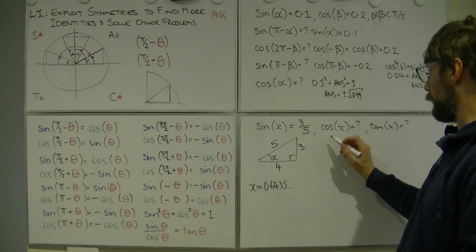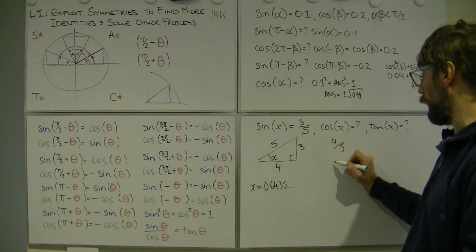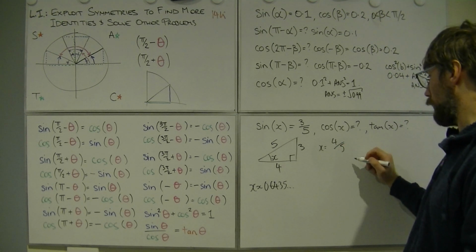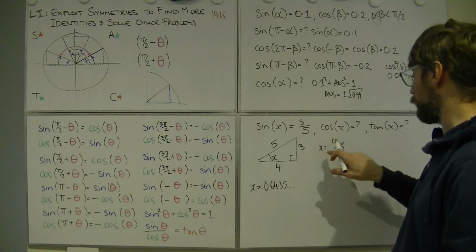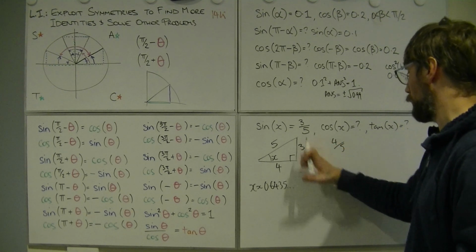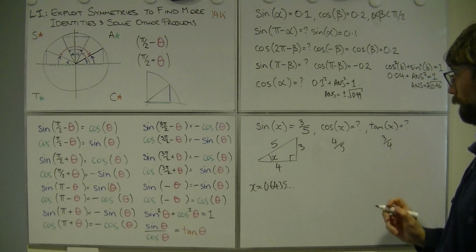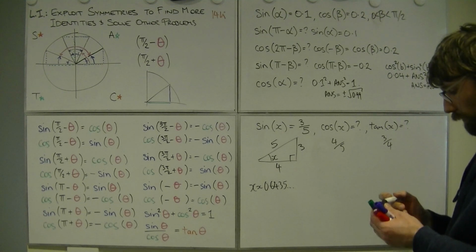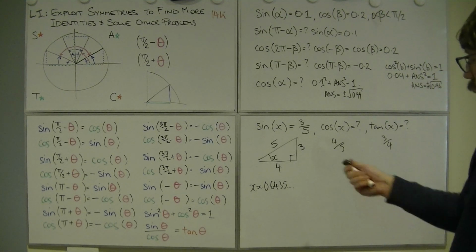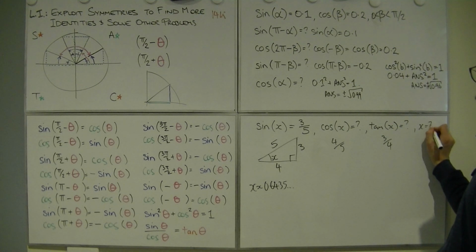Based on that, cos of x is A on H, so this should equal 4 on 5, and similarly tan is 3 on 4. Now there's a slight problem with this x if we ever wanted to solve for it, so let's put x equals question mark.